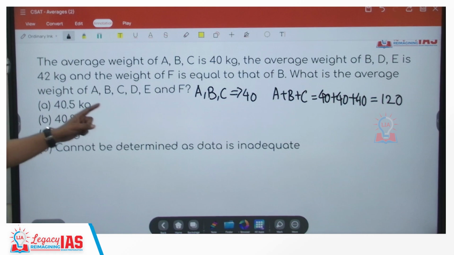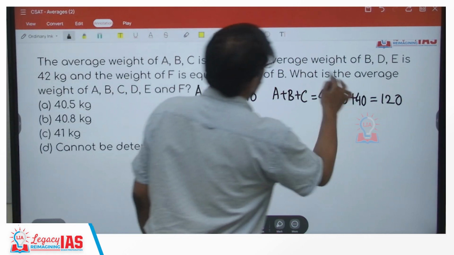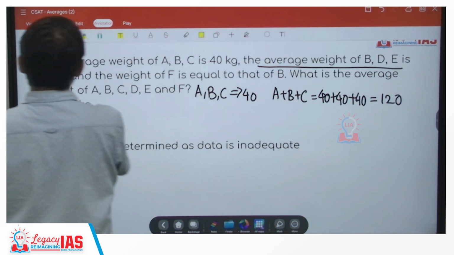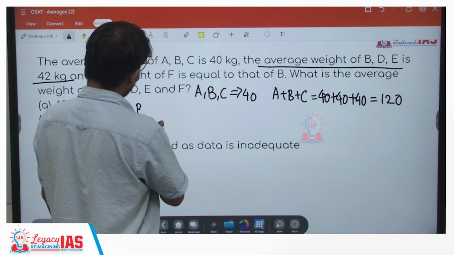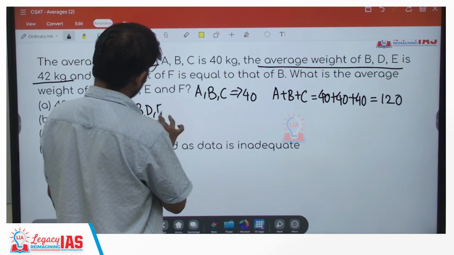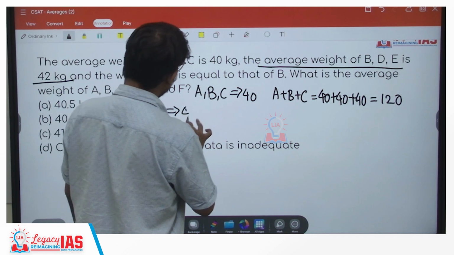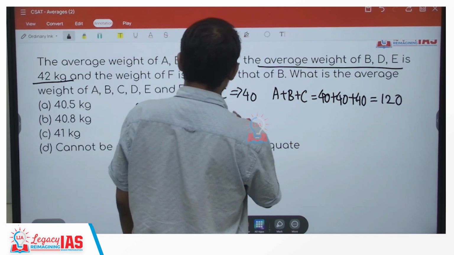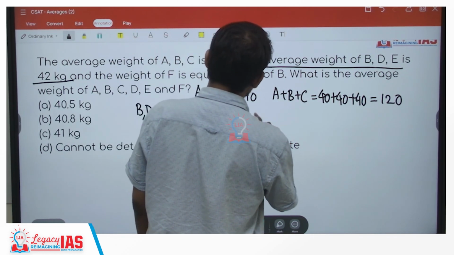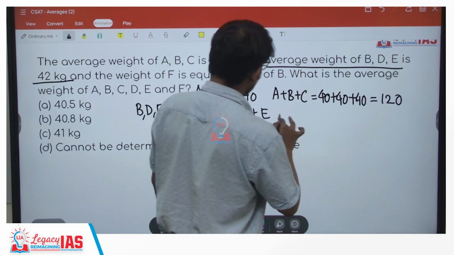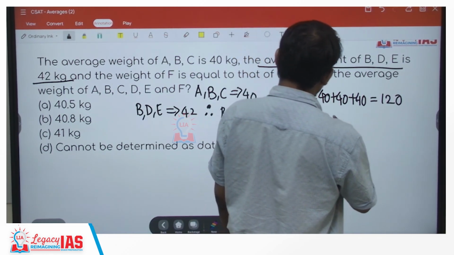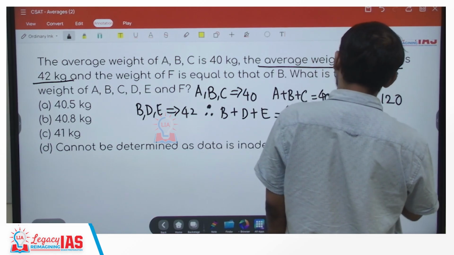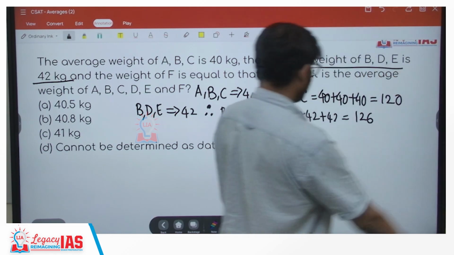In the same manner, they are saying that the average weight of BDE is 42. That means, see, if the average of BDE is 42, therefore B plus D plus E equals what? 42 plus 42 plus 42 equals 126.